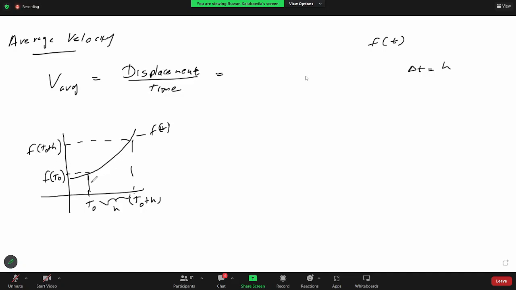So what is the average velocity? Average velocity means displacement over time, right? So f(t0 + h) minus f(t0) over h. Right? This is the average velocity.